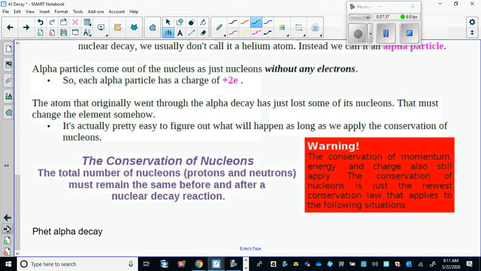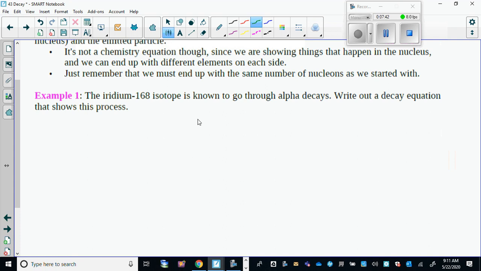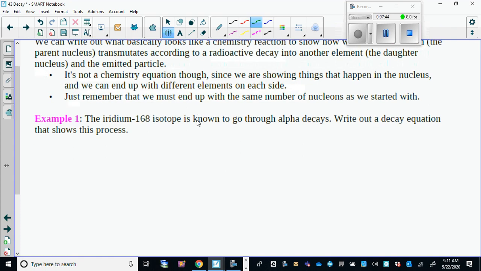All right, so now we're going to get into decay reactions. And here's an example. The iridium-186 isotope is known to go through alpha decay. Write out a decay equation that shows this process.